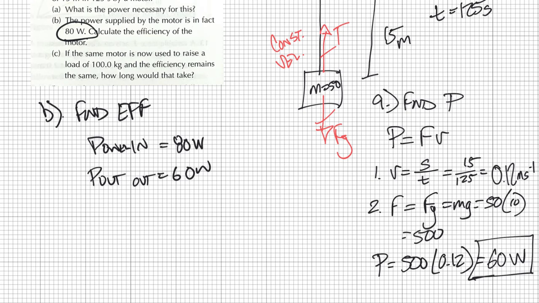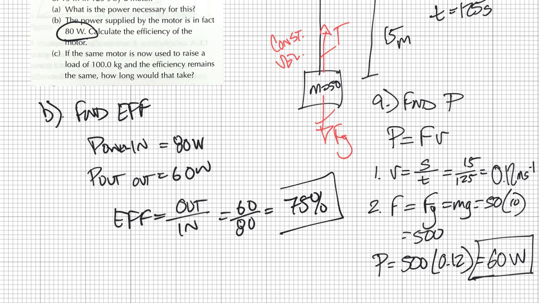And so my efficiency is going to be how much out over how much in. So that's 60 divided by 80, or an efficiency of about 75%. So I'm losing about a quarter of my power somewhere, whether it's being lost due to friction or at some other point, but within this, I'm only getting out 75% of the power that's actually being put in.